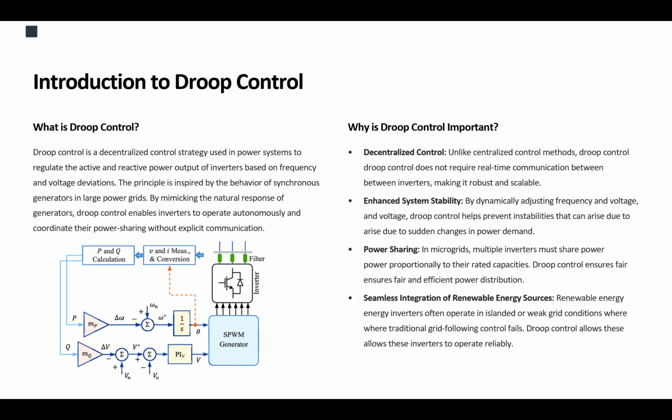We already talked about how they enhance stability based on the fact that they are not depending on the grid. If we have an unstable situation in the grid, grid forming would not be affected, and they actually try to help stabilize the grid within the range of their capability. You have a question?